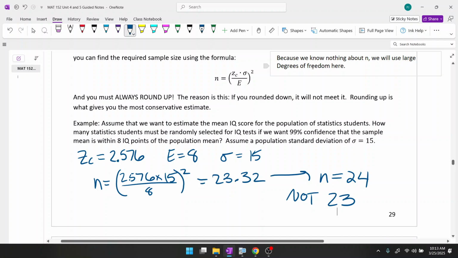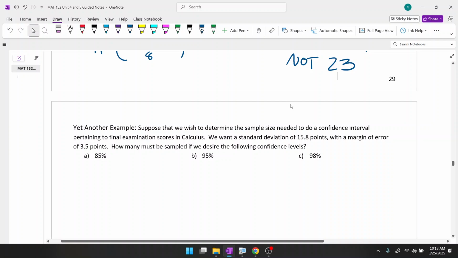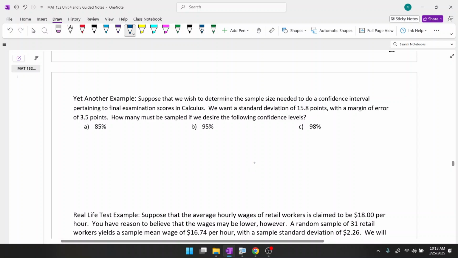So with that in mind, let's say we have a standard deviation of 15.8 and a margin of error of 3.5. The only thing that's going to really change here is going to be the critical Z value. So for 85%, it's going to be critical Z times the standard deviation over your margin of error, squared.